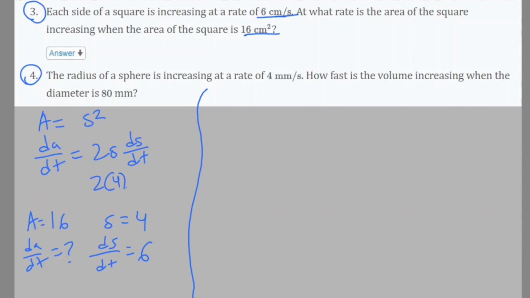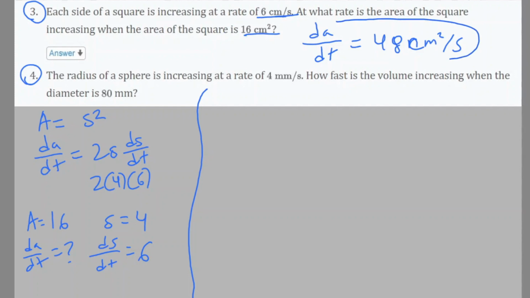We're going to have 2 times 4 times 6. 24 times 2 is 48. So the rate at which the area of the square is increasing is going to be 48 centimeters squared per second at the area of 16 centimeters squared. That is your final answer.